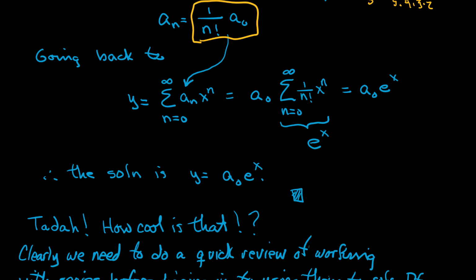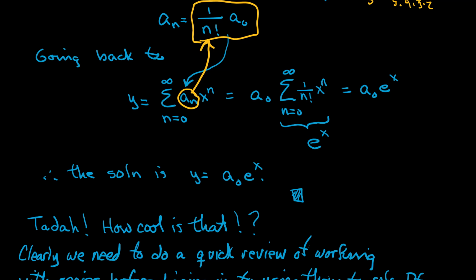Now, one of the things to be mindful of is a sub 0 is different from a sub n. A sub 0 is a fixed value. Notice the index doesn't change. It's always a sub 0, which means that we can factor that out front of the summation.